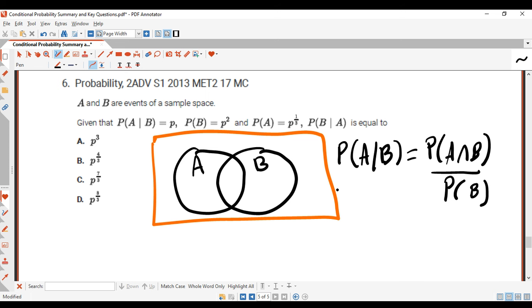They give you what A given B is, so I can just write down P, this part here, and then I'm going to have the probability of A intersect B divided by the probability of B. B is just P squared.